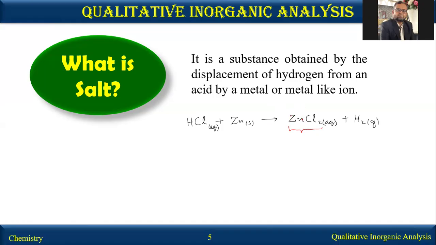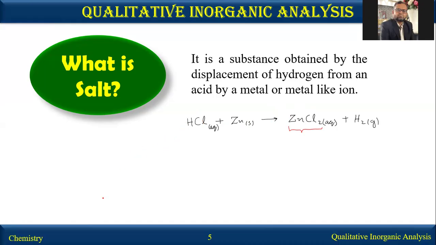So this is the metal ion. This is zinc ion. So zinc ion is this, and this negative ion came from acid.